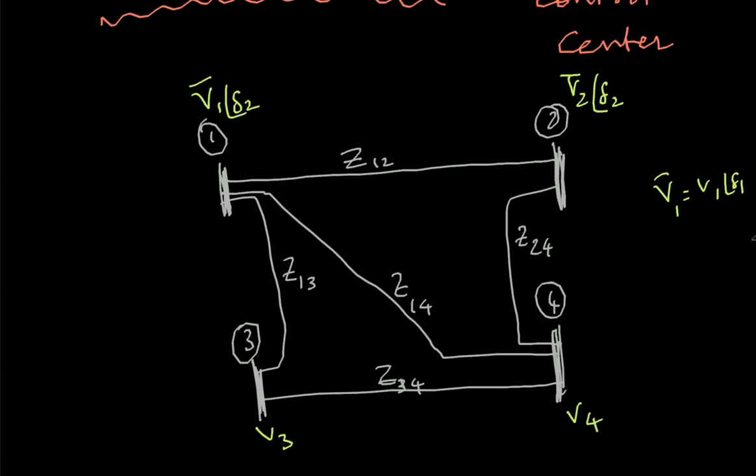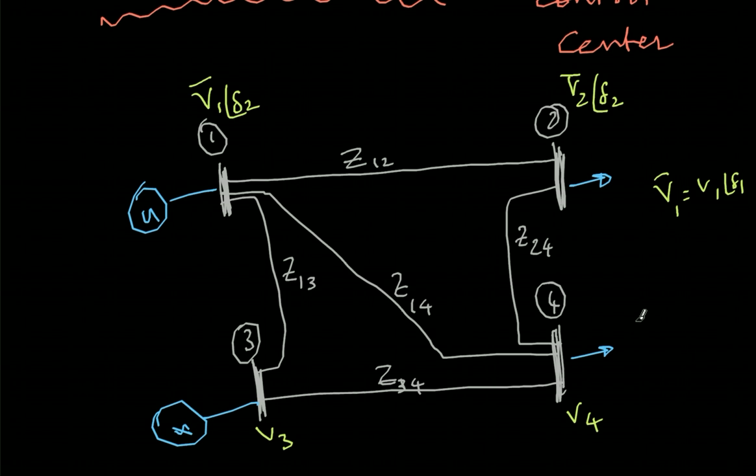First, I have shown only the network. I have not shown where the generator is and where the load is. For example, 1 may be a generator, 3 may be a generator, and 2 and 4 may be loads.